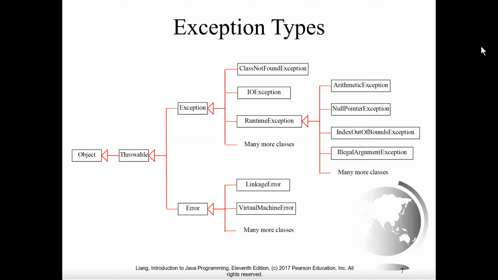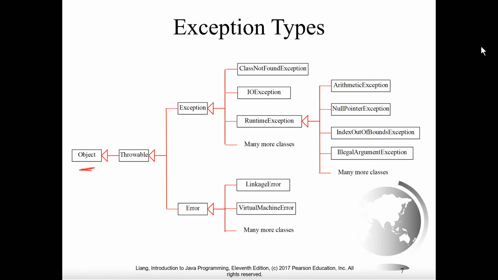So we know Object is the root class for all Java classes. And for exceptions, last class we saw a lot of the arithmetic exception, and IO exception. So this is the hierarchy, is it?